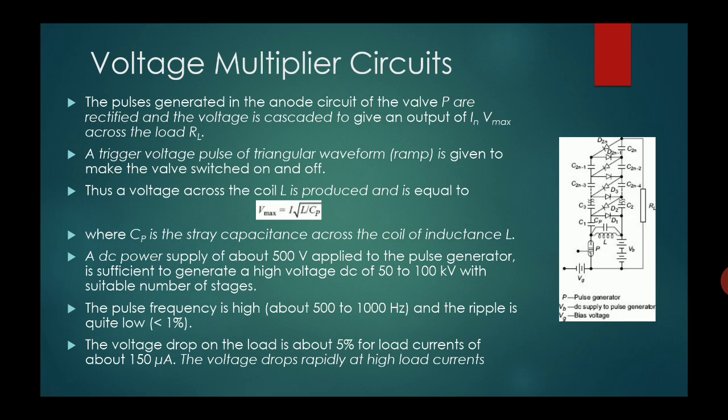So the voltage is cascaded. That means you can see there is a set of diodes and capacitors in a particular sequence, which gives you the cascaded voltages.